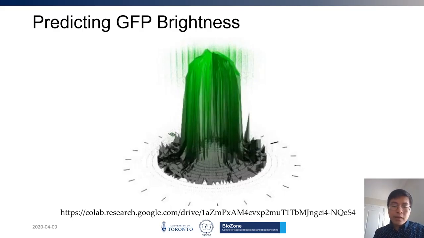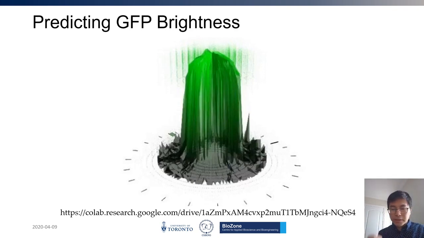So here is just a look at what a sequence to function model looks like. Unfortunately on YouTube I can't play this video in the presentation, but you can search this video up on YouTube for yourself. It's essentially looking at the sequence to function landscape of the green fluorescence protein. And this landscape, or the shape of this landscape, is what we want our sequence to function model to approximate.